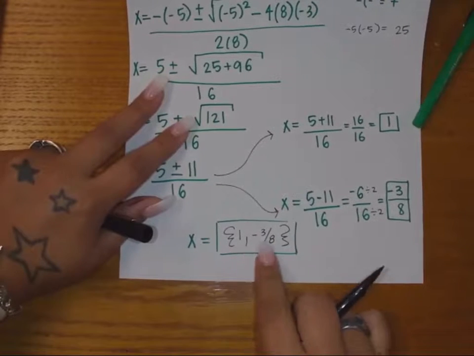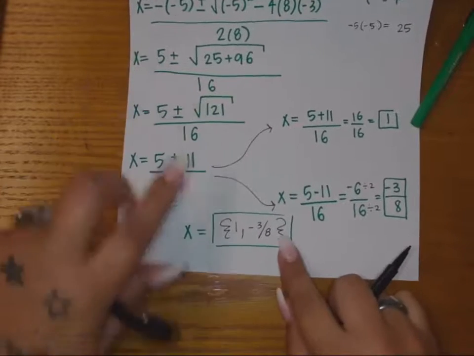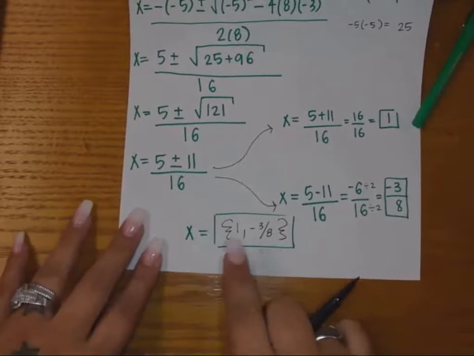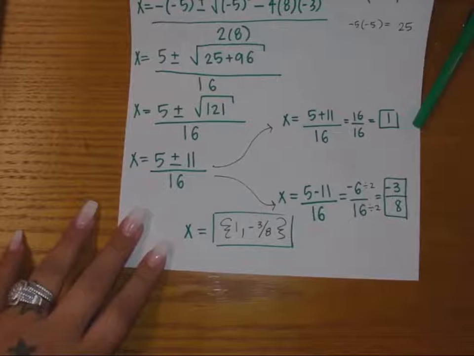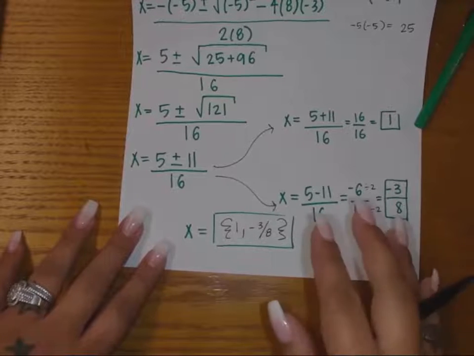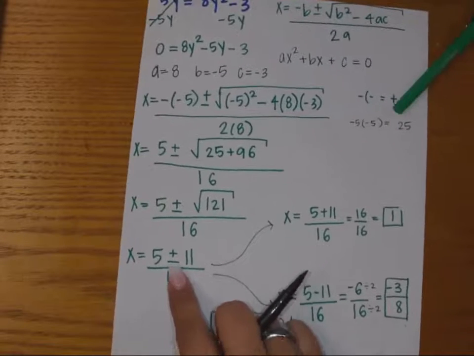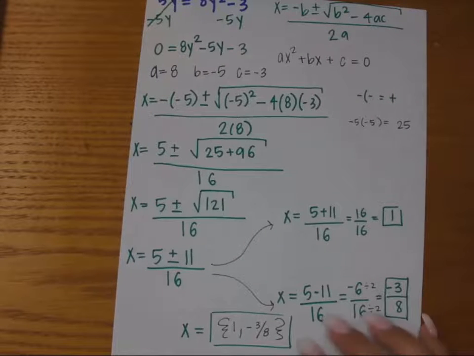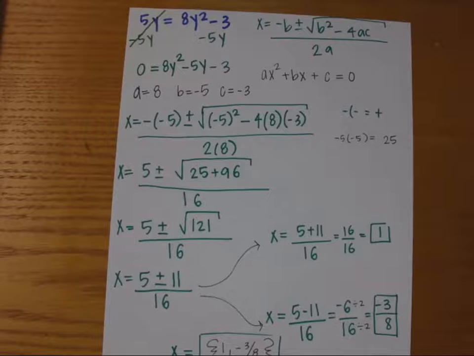It may just want 1 comma -3/8. It may already have braces, or you may need to add braces. Regardless, if you notice, we have two numerical values. Because of our plus and minus, we will always have our two answers right there. Okay, so that's how you do the quadratic formula.